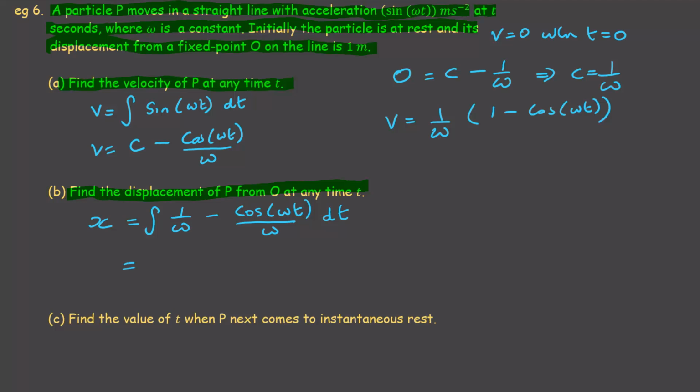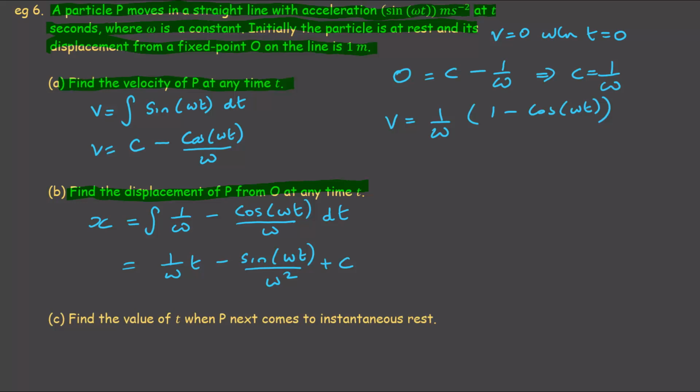So that's going to be 1 over ω t. Remember, 1 over ω is just a constant. And then when we integrate cos, we get sine. So that is take away sin(ωt) over ω squared plus a constant.